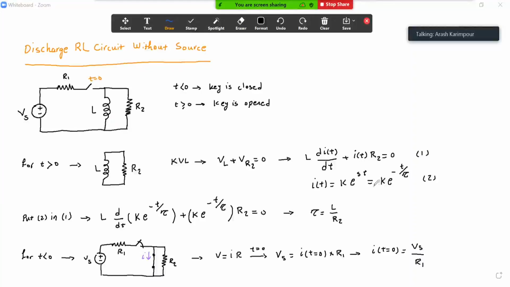So let's go to the next slide. I know the solution is I equals k e to the power negative t over tau. So that's the solution that we have.